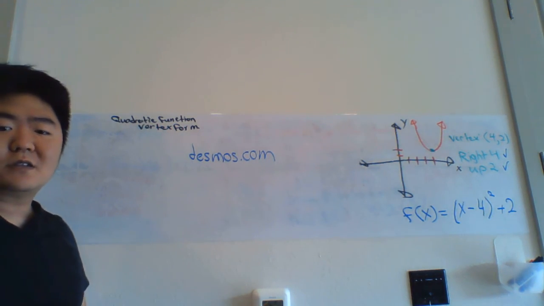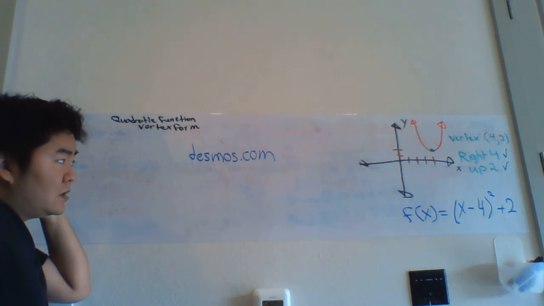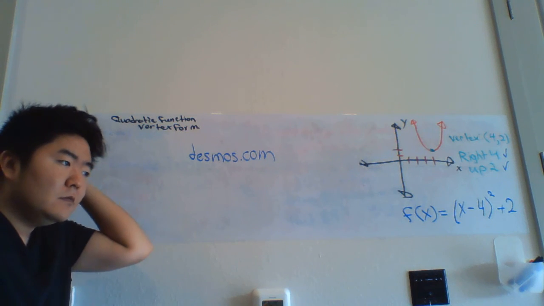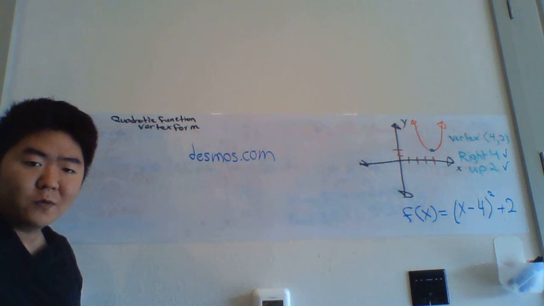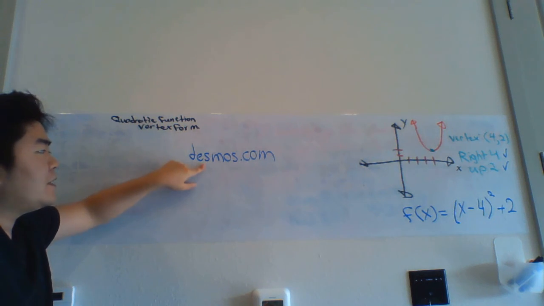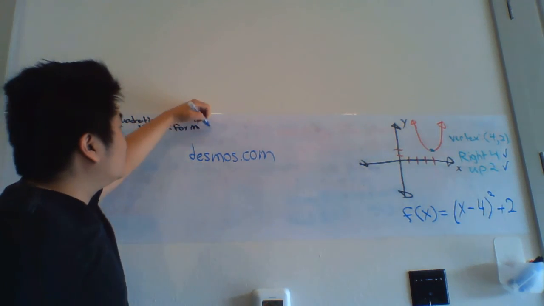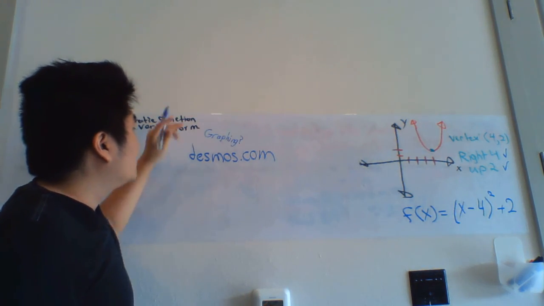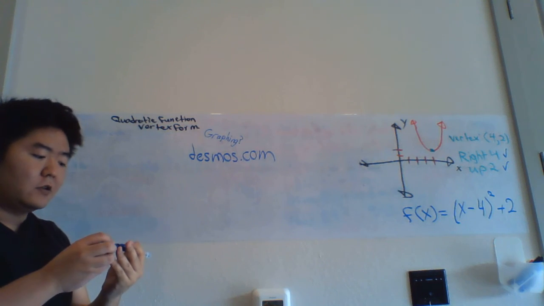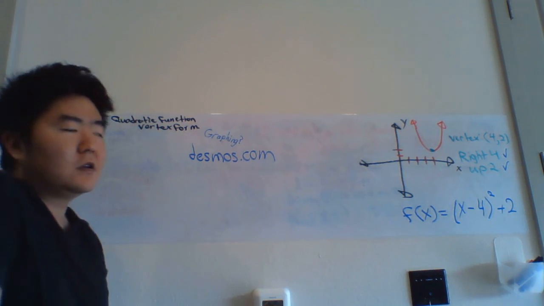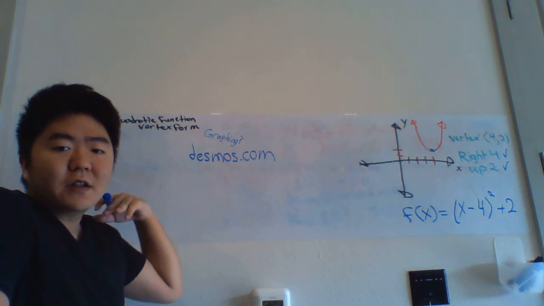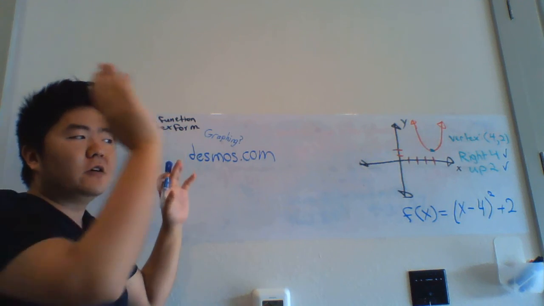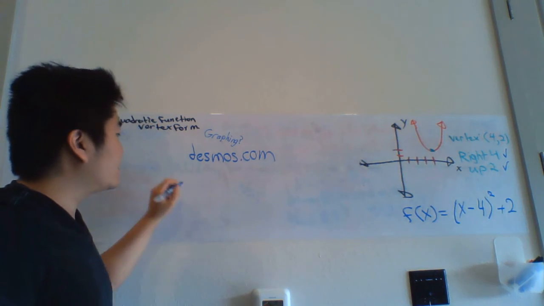This is a graphing website. So I know a lot of you guys, actually most of all of you guys, don't have graphing calculators at home. So if you ever need to graph something, then go to this website. All you have to do is really you type this in, you go to this website, click start graphing, and it'll pull up this huge coordinate plane, and then on the left side all you have to do is enter in your function.